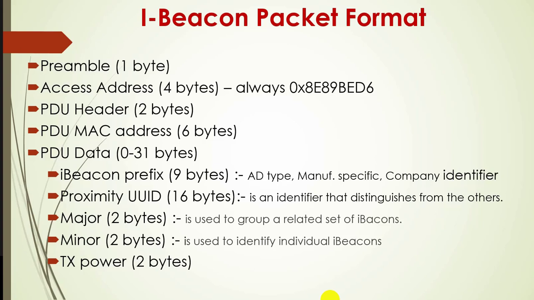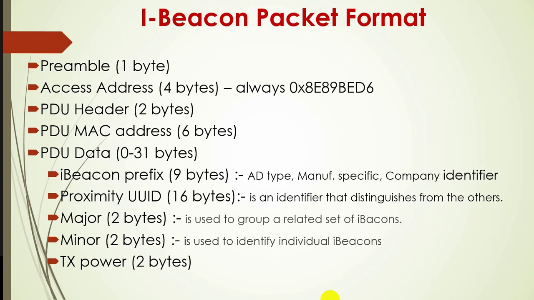This 9 bytes of prefix contains AD type, manufacturer ID, company ID identifier. Proximity UID is a 16-byte identifier which distinguishes your device from any other device.